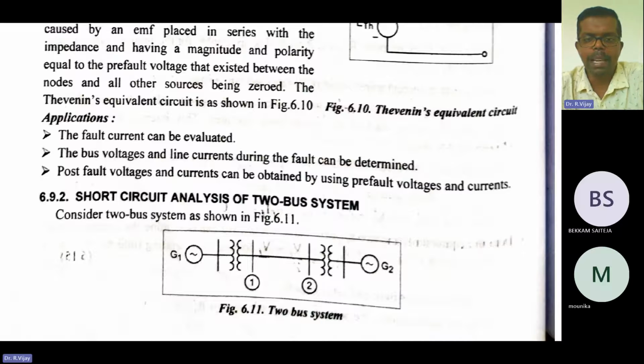It depends on the capacity of that particular substation. For consideration, in this system we have taken only a two bus system. That is, we have two generators connected by a transmission line as well as a transformer, as shown in the figure.